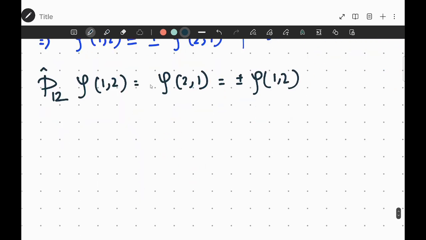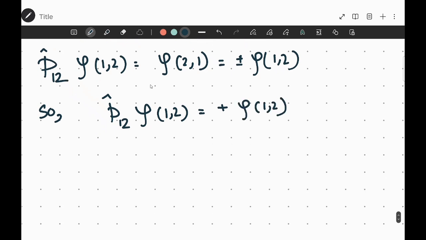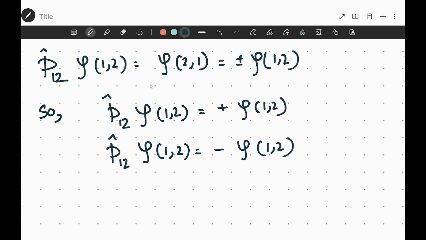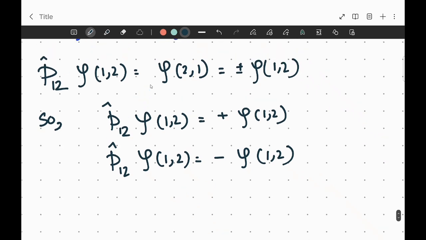So what is the final result? P12, when you apply it on psi 12, it can give plus psi 12, or it can give minus psi 12. Is it okay?